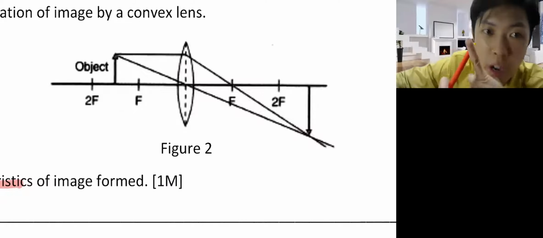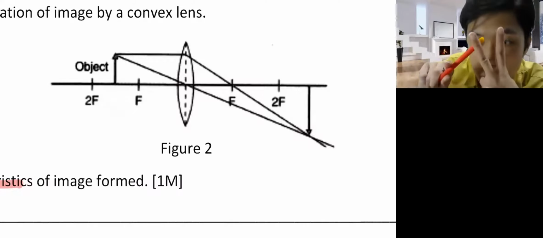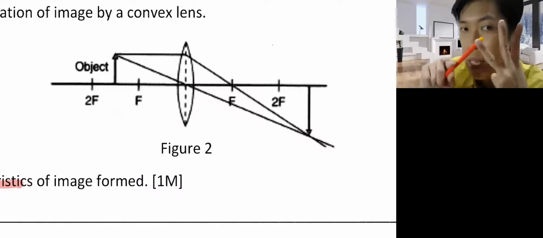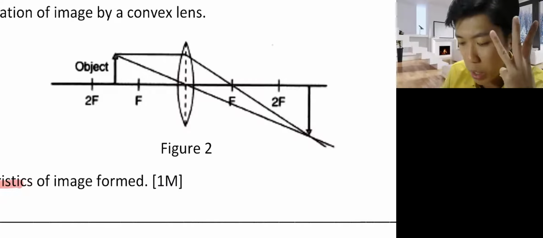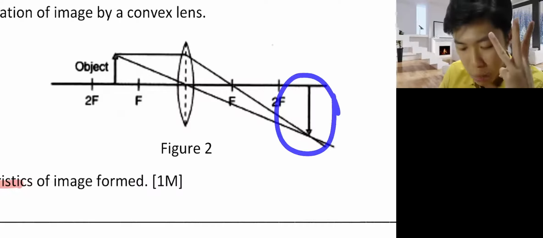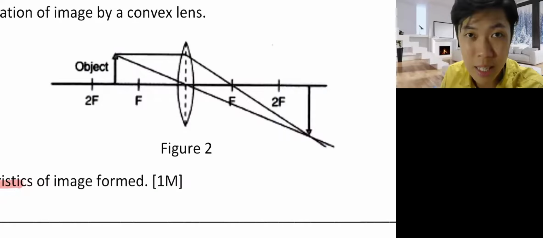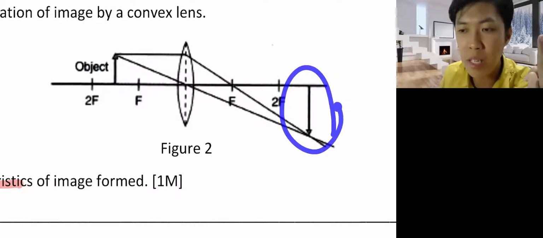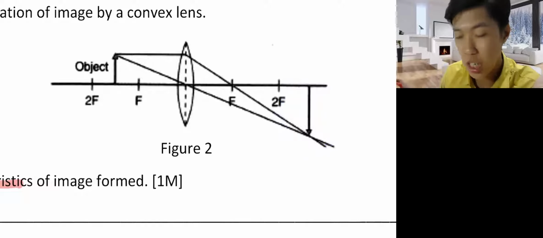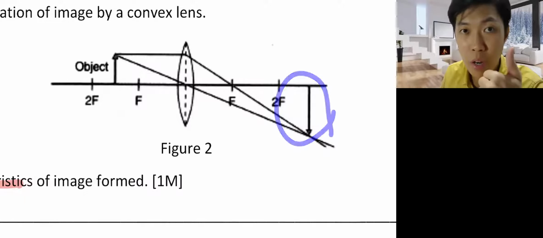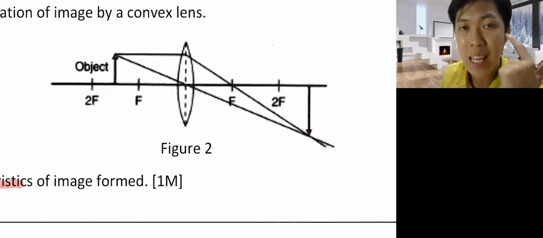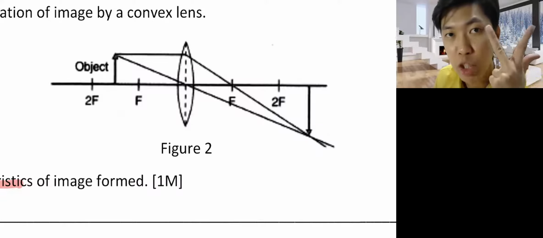So it must be real, inverted, and the third one, obviously, look at your picture. The image is bigger or smaller or same size as the object. This is obviously larger, right? So real, inverted, larger than object.